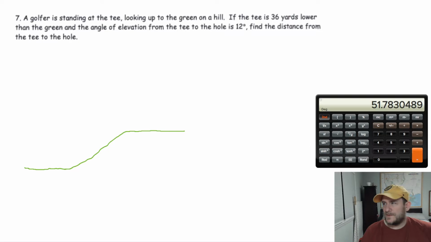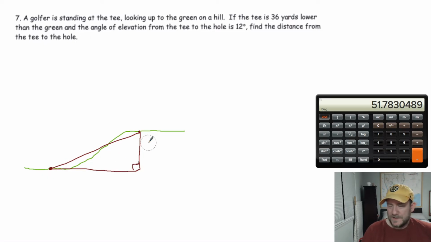So actually, it goes up, up, up, and then here's the green. If the tee is 36 yards lower than the green and the angle of elevation from the tee to the hole is 12. All right, so let's call this the tee. We'll call this the green. I'm just going to rough everything in. It's not perfect. But what they're trying to imply is that the vertical change down from the green to the tee zone is the 36 yards.